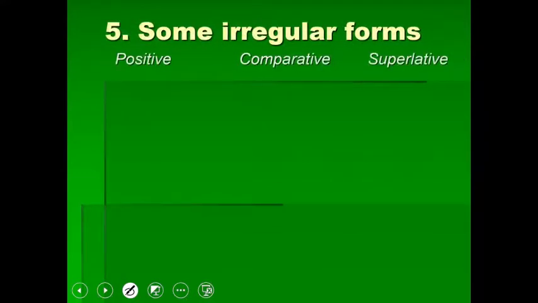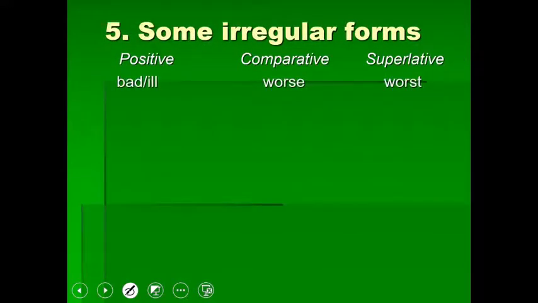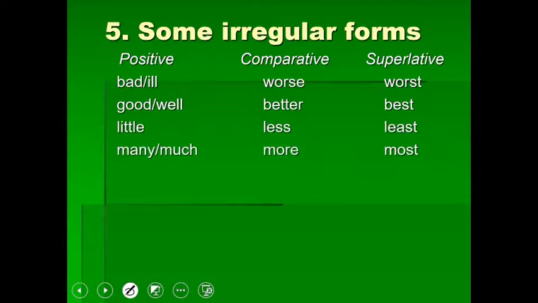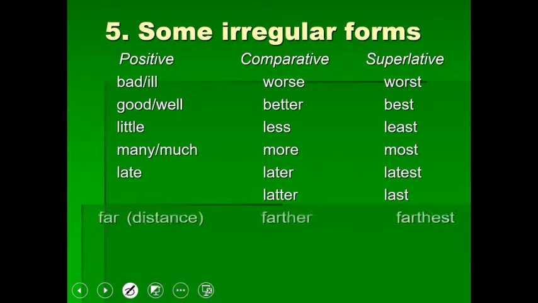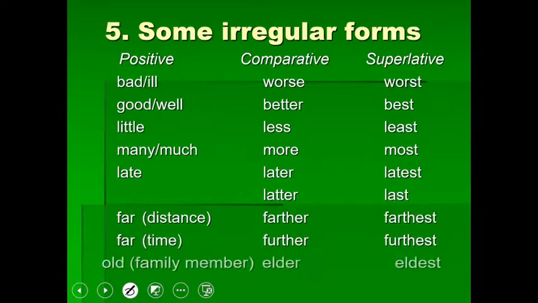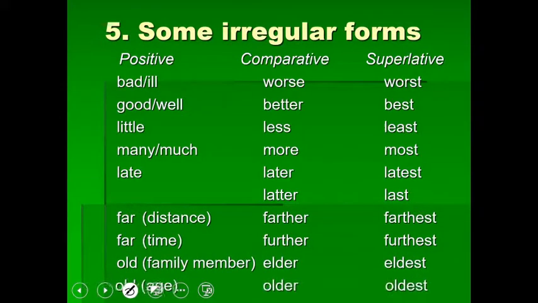And let's study some irregular forms, which we cannot change by the rules. These are special irregular words, and we have to learn and study them. Okay, so these are the degrees of comparison and the rules for comparative and superlative.